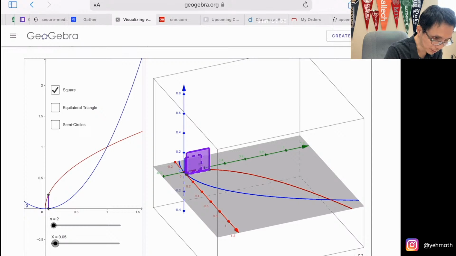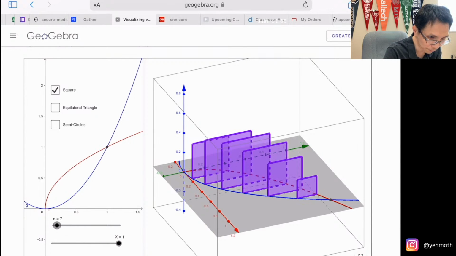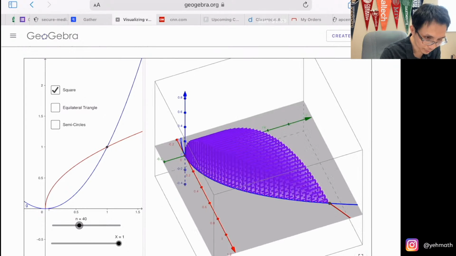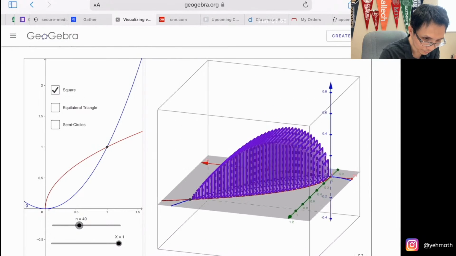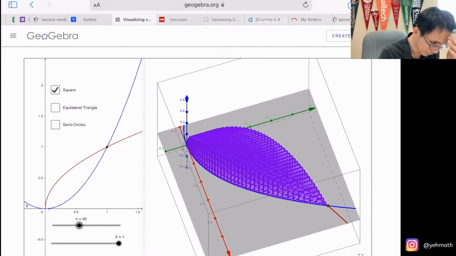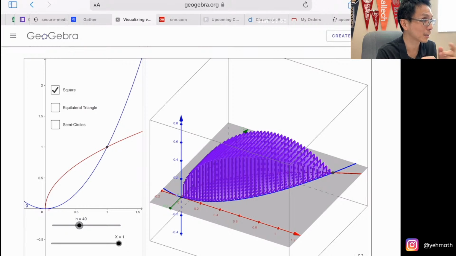Now, what happened is I'm gonna build it with an infinite amount of squares. So it looks like this. What does it look like? Yes, that does look like the Sydney Opera House. I was right. It does look like those kinds of shapes.